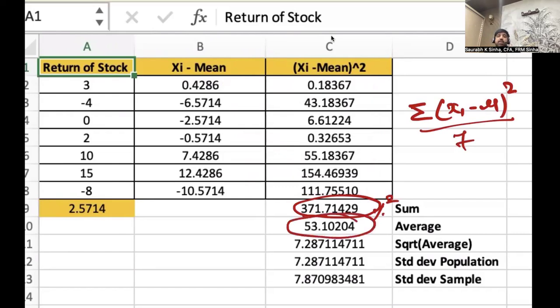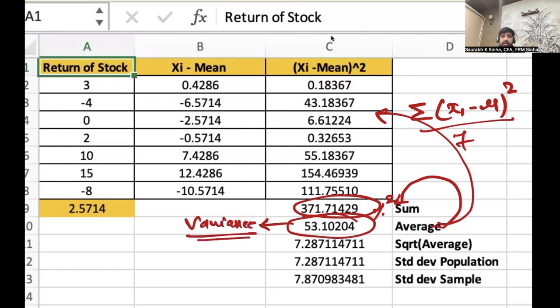You will get 53.10204, and this is your variance. 53.10204 is your variance.